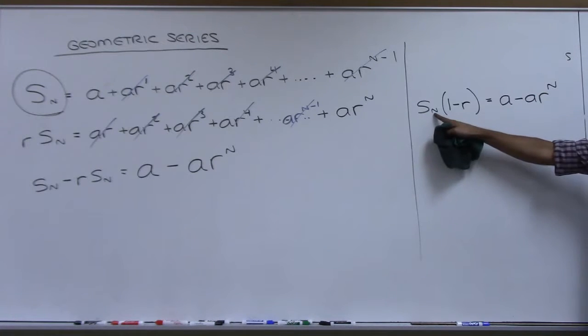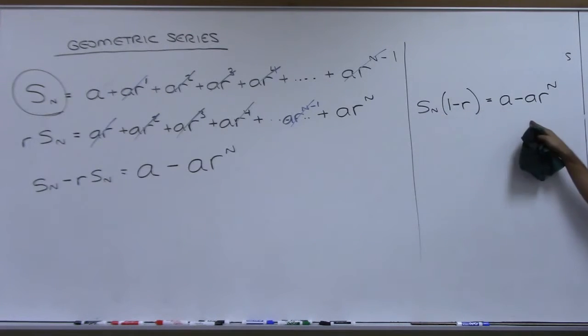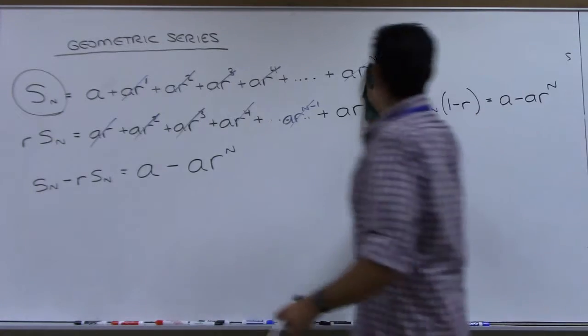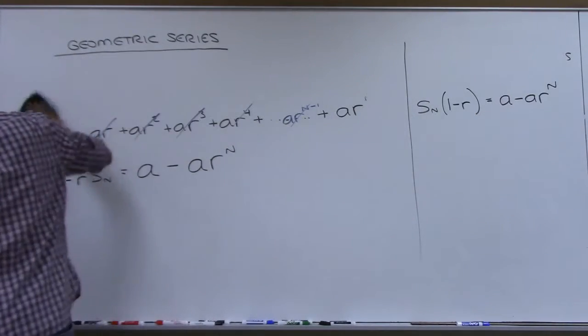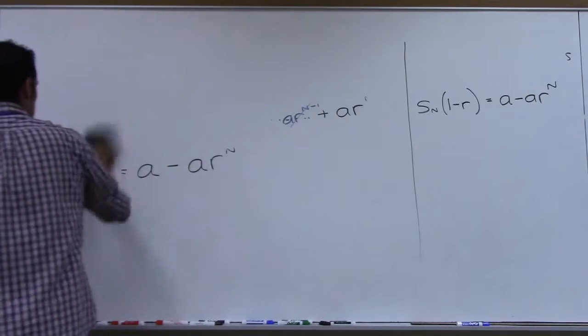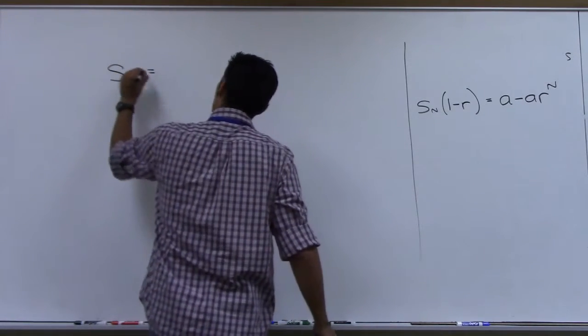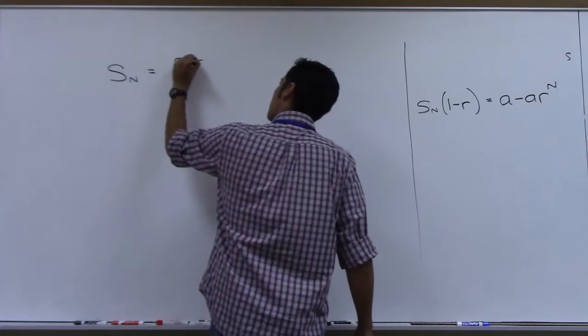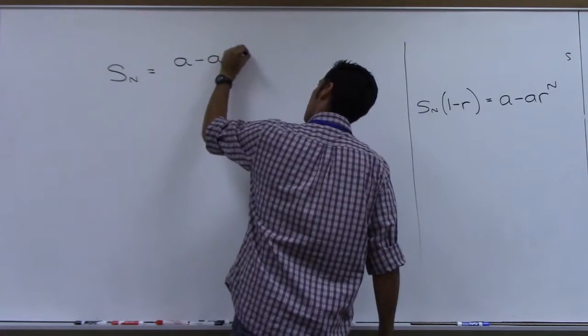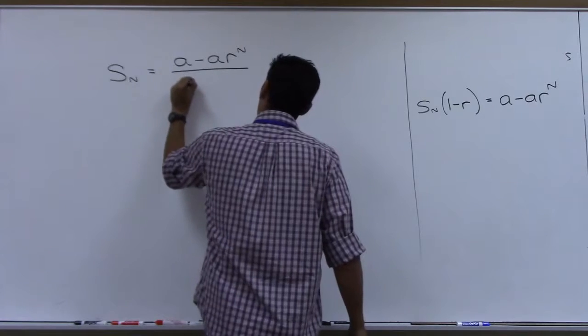I wanted S sub n, so let's divide through by 1 minus r. So S sub n would be equal to a minus a r to the n over 1 minus r.